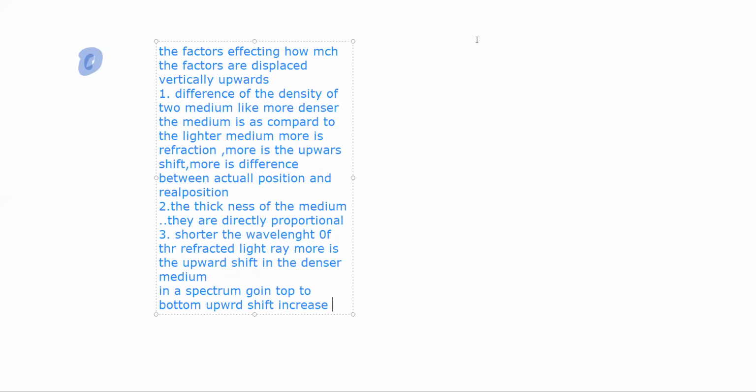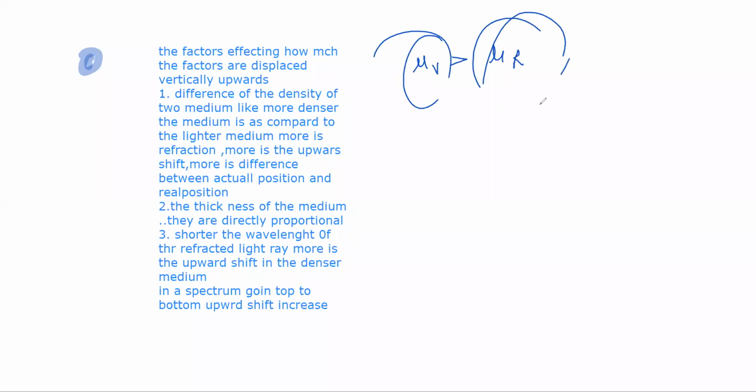If you have two wavelengths, violet color and red color, the upward shift will be more for the violet color and lesser for the red color. Why? Because red color has the longer wavelength and the violet color has the shorter wavelength.